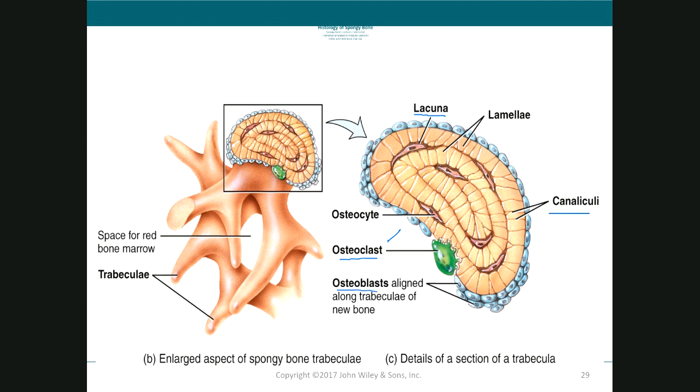There is usually a balance between bone building activity, which is osteoblastic activity, and bone resorption, which is osteoclastic activity. This shows these patterns that are visible to the unaided eye called the trabecular pattern, and you can see the spaces where red bone marrow is located in this area.